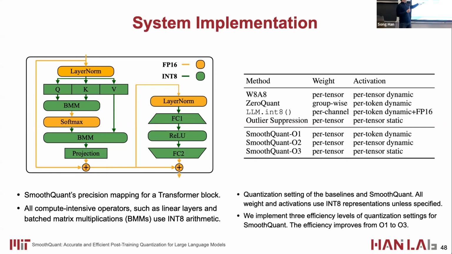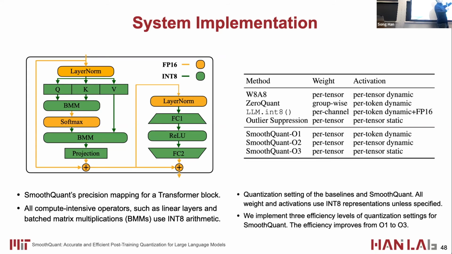Those are the heavy lifting parts, like the QKV transformation, the BMM, and projection, and finally the two FC layers. They are all done in int8. And those lightweight layers, like layer norm, softmax, element-wise add, etc., can be processed in FP16, which has very low overhead.